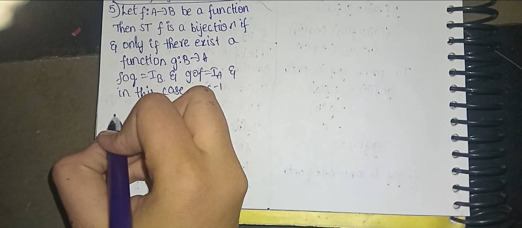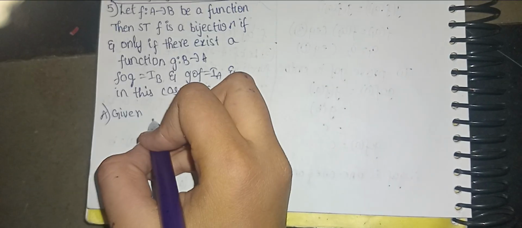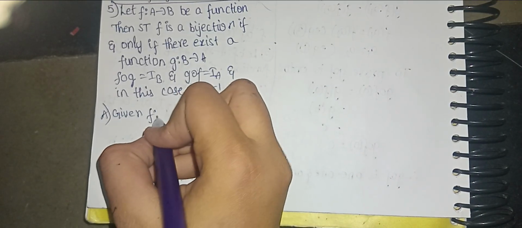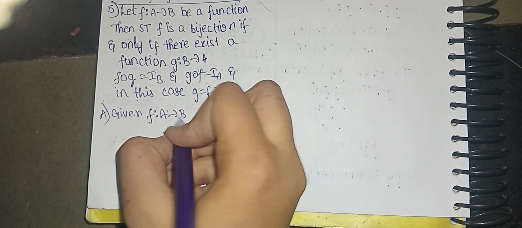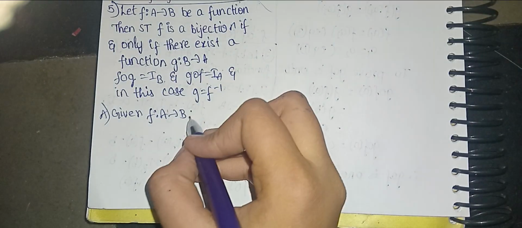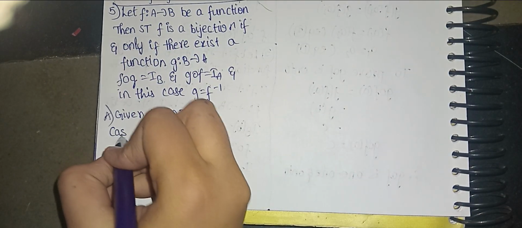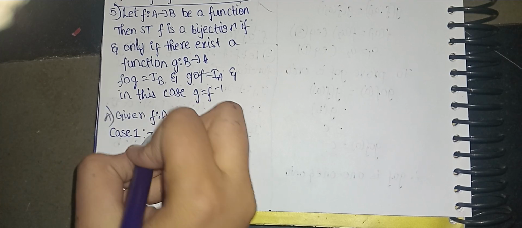See, they only gave that f: A to B is a function. Now case 1, you have to write case 1.